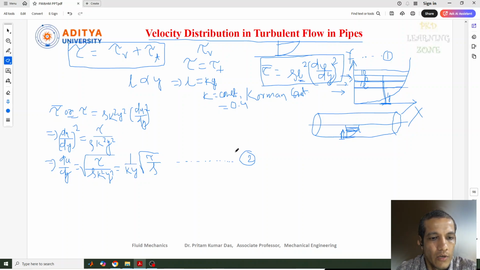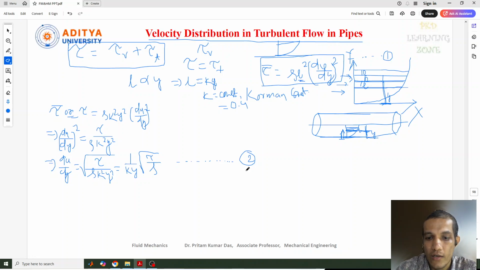Now for a height y, the point we are considering, if y is very small or very close to the pipe boundary, because this is the pipe and this is the boundary of the pipe, correct? Then, when y is very small and near the boundary, tau needs to be assumed constant.